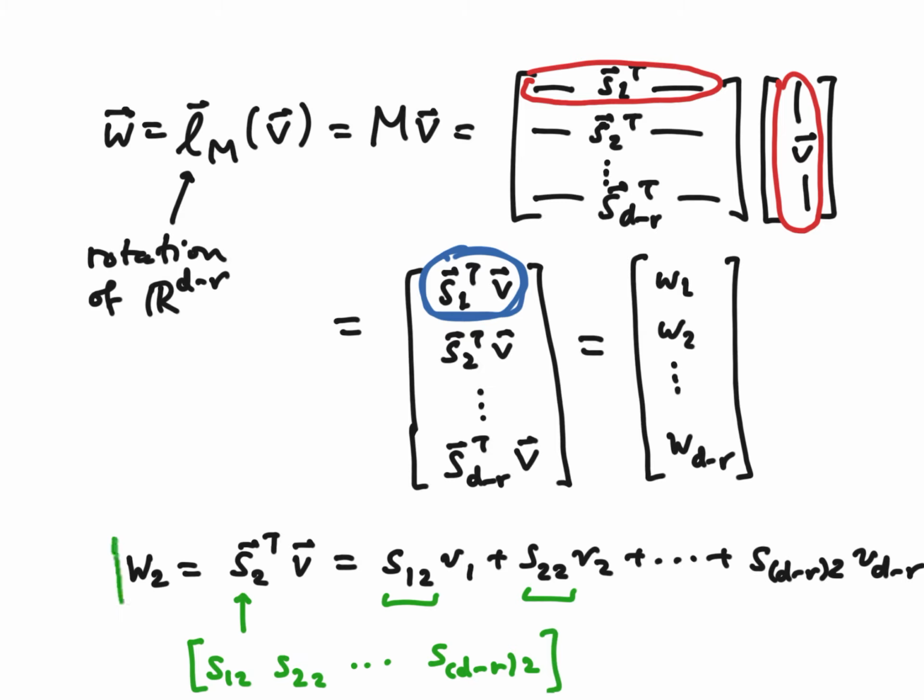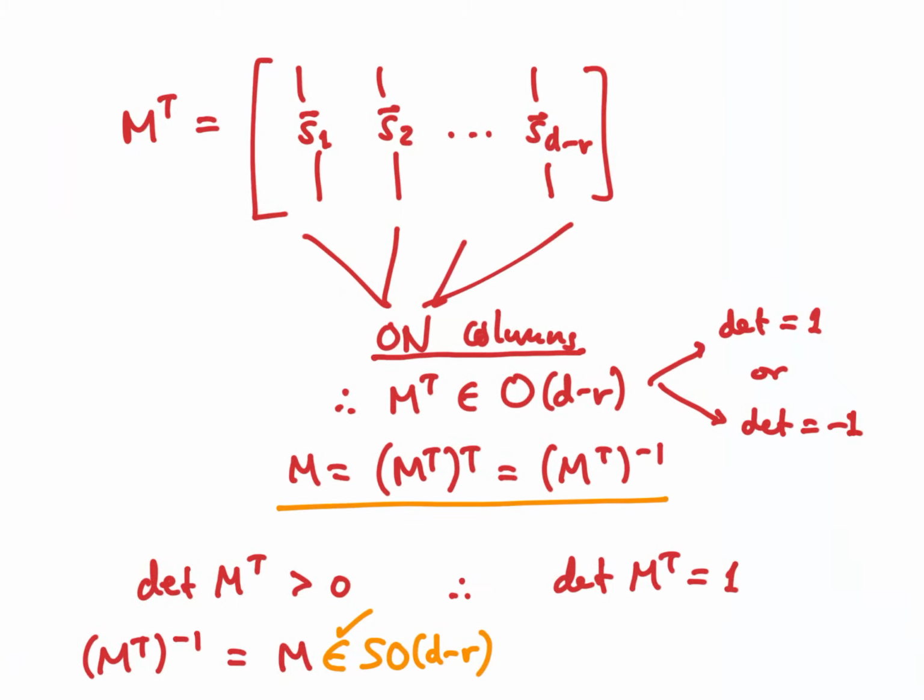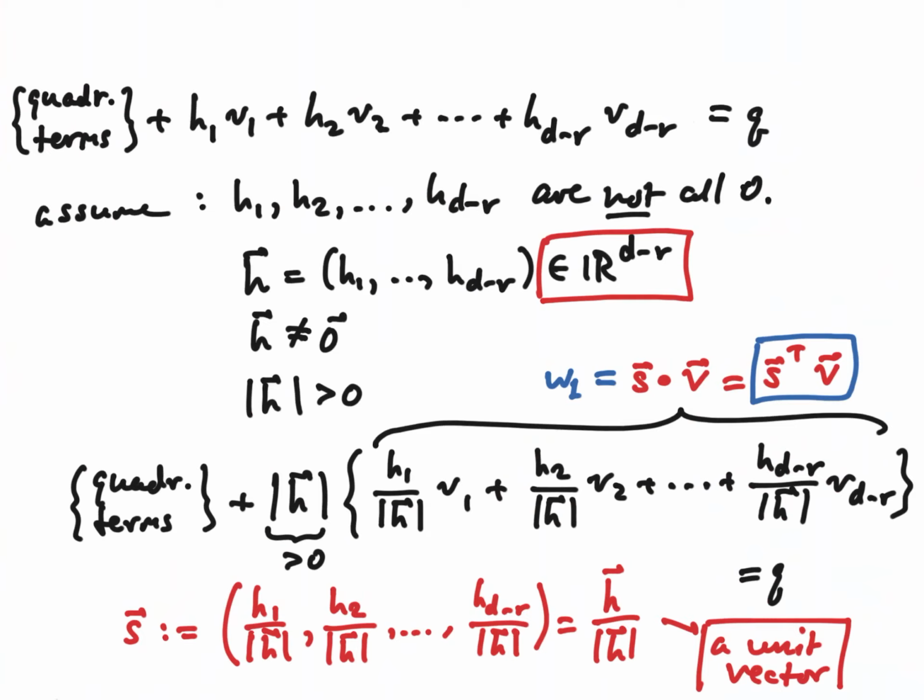We don't know what those numbers are, but it doesn't matter anyway. This variable W2 does not appear anywhere in the equation. So what we've done now is get rid of all the V's in the equation in favor of a single W. W1 appears in the equation, but none of the other W's do.